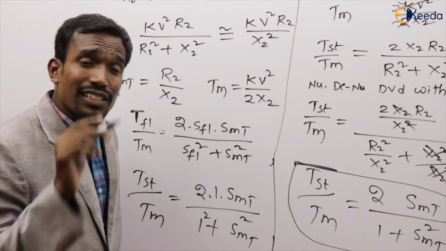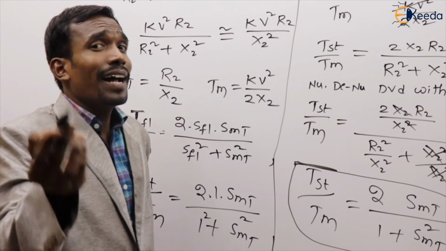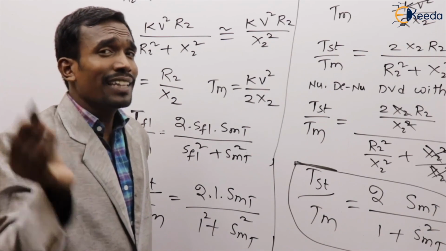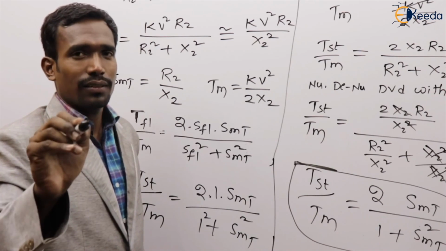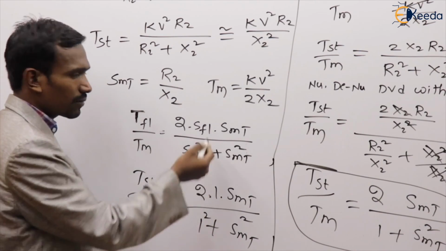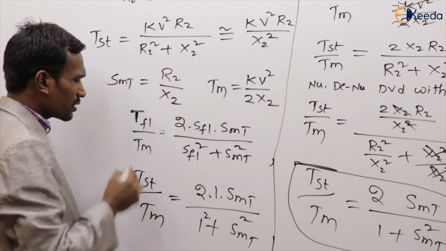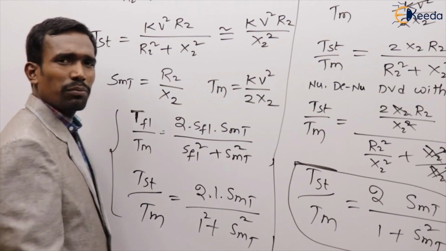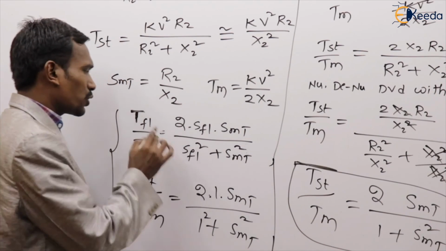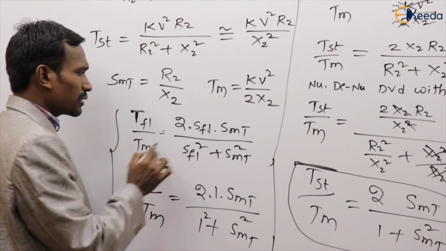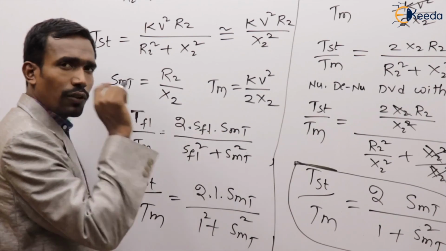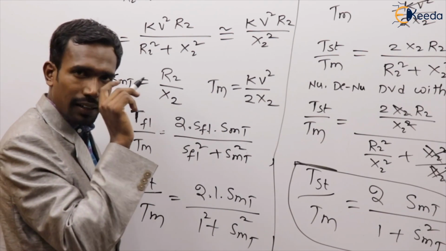Yes or no? At starting, what is NR? 0. At starting, what is the slip? If NR is 0, the slip is 1. These two questions are exactly the same. Here, 2 into slip at full load into slip at maximum, by slip at full load square plus slip at maximum square.